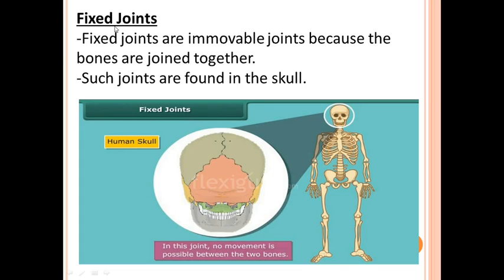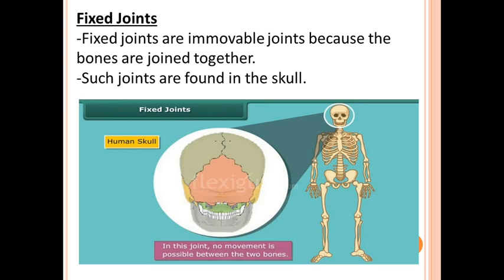That is your fixed joint that cannot move. You can move your head, but can you move your skull back and forth, left and right? I am saying the skull, not your head. You can rotate your neck, not your skull. So in this joint, no movement is possible between the two bones. Those are the fixed joints.